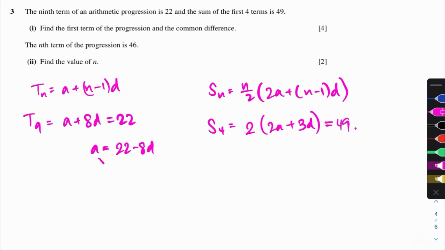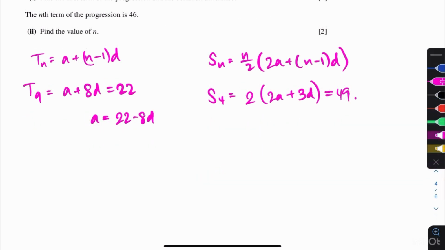And I'm going to substitute this a into here. So that will be, actually first I'm going to simplify this. So 4a plus 6d equals 49. And then I'm going to substitute this a in here.